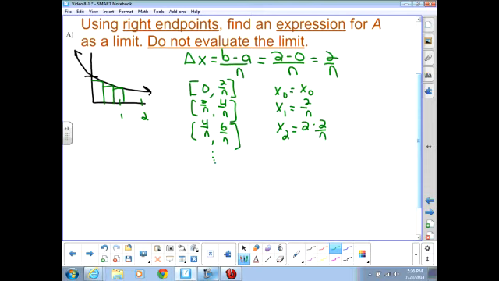Again, we know that equals 4 over n, but you'll see why we do this, because it'll help us write the general x value. If we add another 2 over n, we now have 3 times 2 over n. If we add another, we'll have 4 times 2 over n.